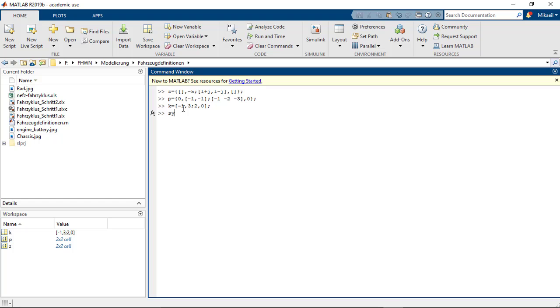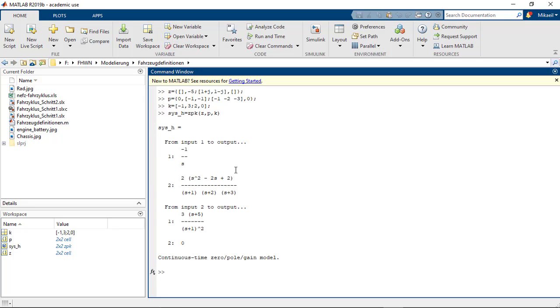We write here system H is equal zpk parentheses and z, p and k. Enter.